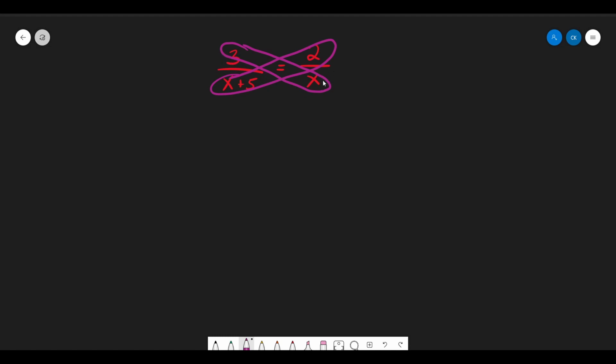So 3 times x, that's going to give me 3x. Then equals the denominator here times the numerator here, x plus 5 times 2. Remember, when I'm multiplying this by 2, I have to multiply all the terms by 2. So this is going to be 2 times x, which is 2x, and plus 2 times 5, which is 10.